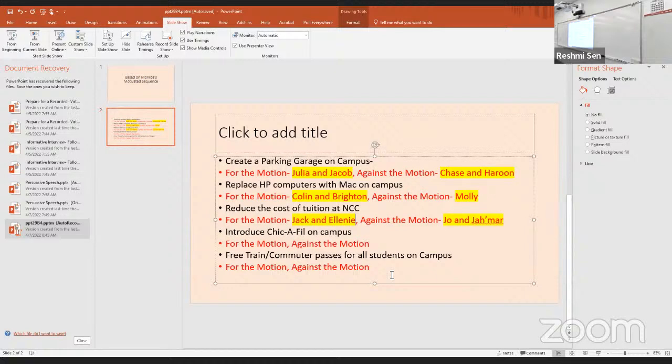We call it hermeneutic horizons. That means your whole horizon of interpretation becomes different when you engage in debates. And that's why North Central is a college that always does this.